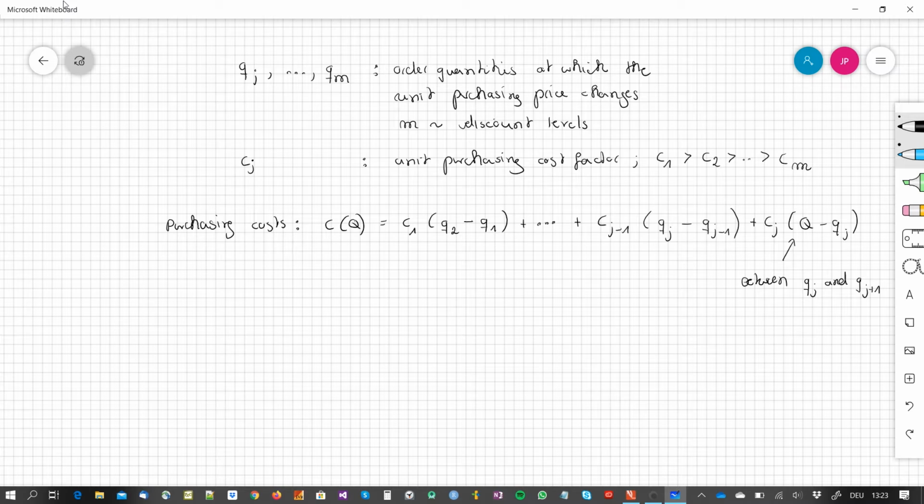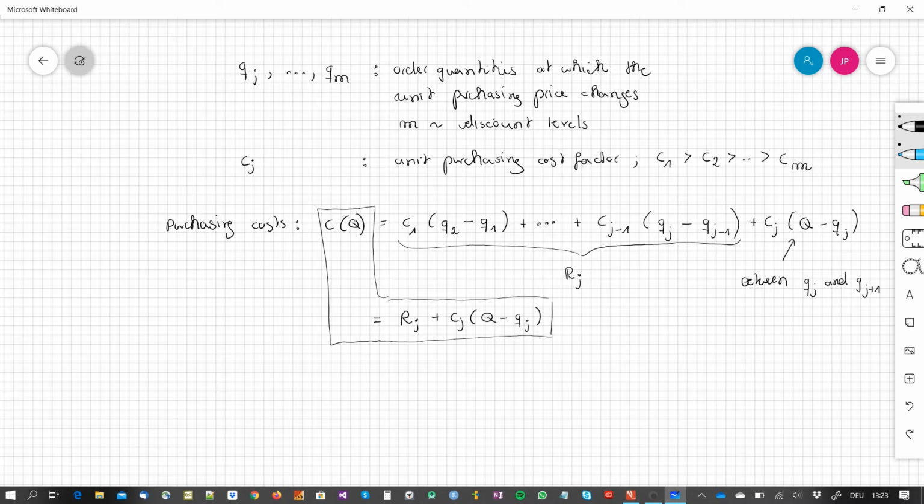These we give a new denotation that is R from J. So if we write this in the short form using the R, then we can rewrite our purchasing costs as R from J plus Cj multiplied by Q minus little q from J. So that is useful for deriving the total cost function.